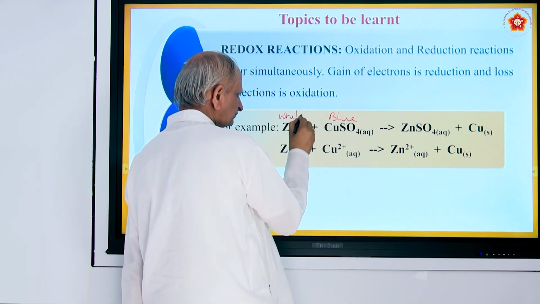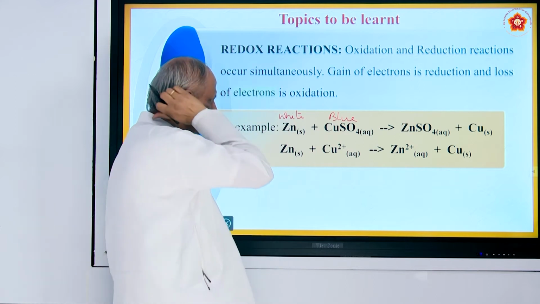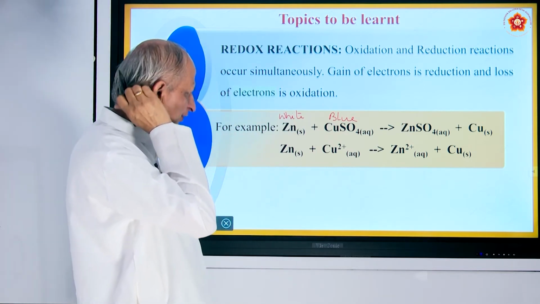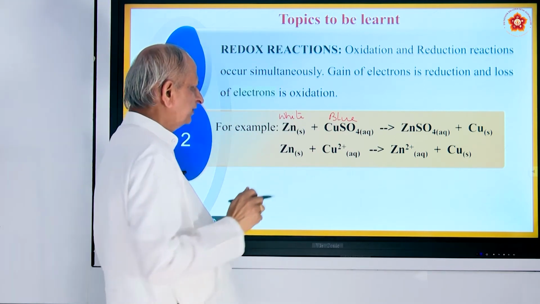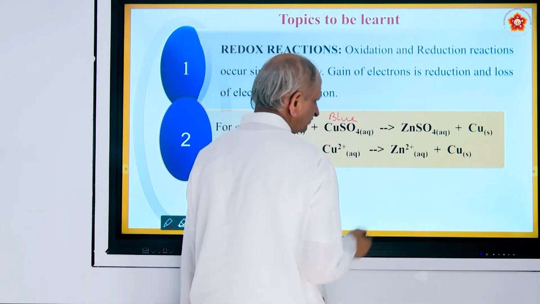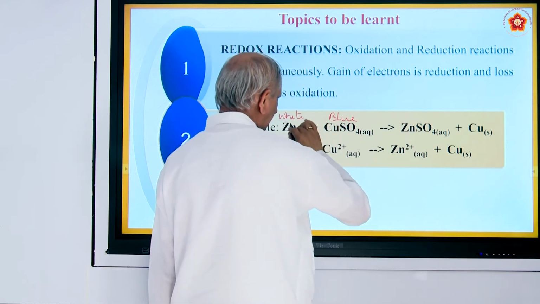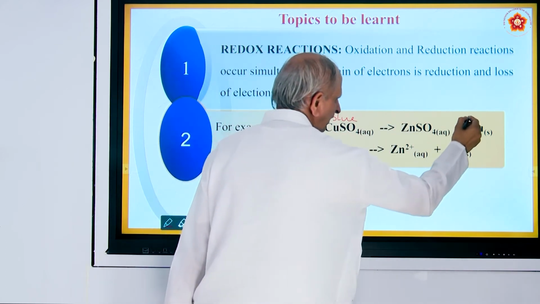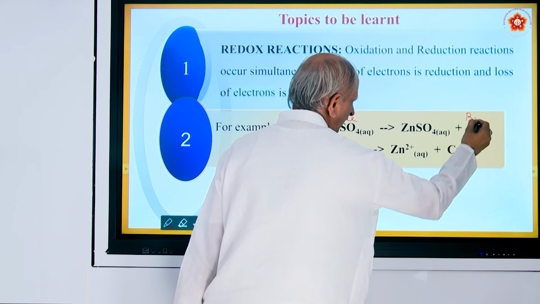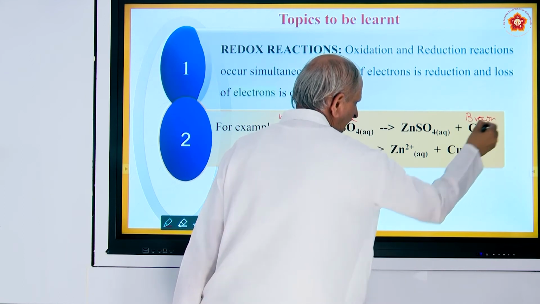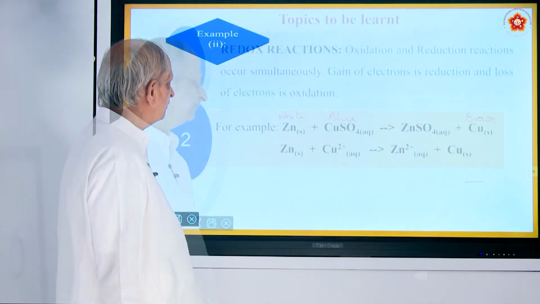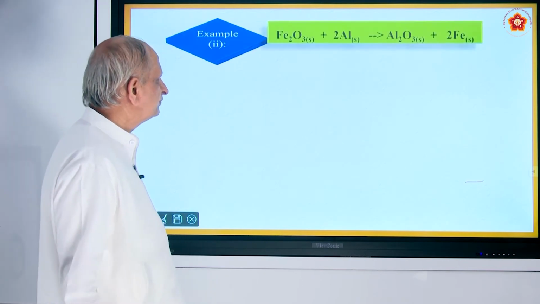Almost like white. So when this zinc is added to copper sulfate solution, the color changes. The blue color changes and the white zinc metal becomes copper, that is brown in color. A very interesting experiment.